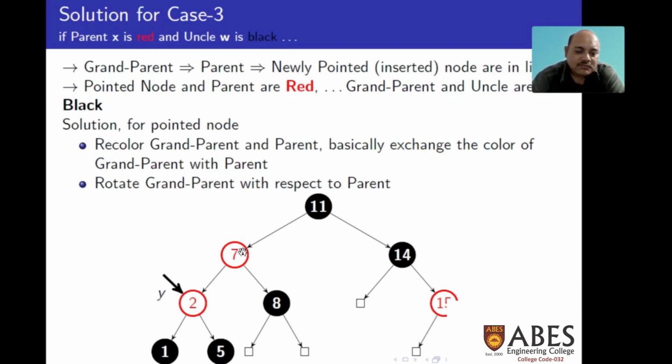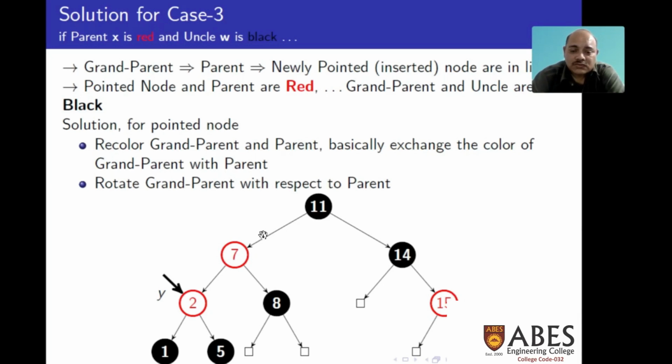Second step, we will rotate grandparent with respect to parent. What rotation? It depends upon how they are related. In our example, parent is 7, grandparent is 11, and 7 is on the left hand side of grandparent. So we have to perform a right rotation. Fine.